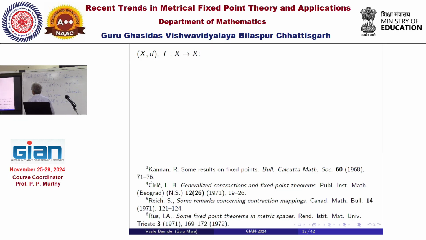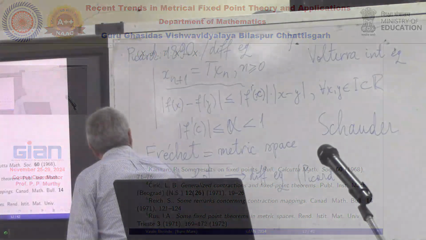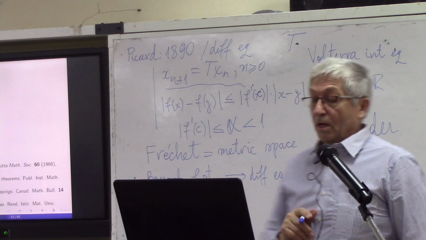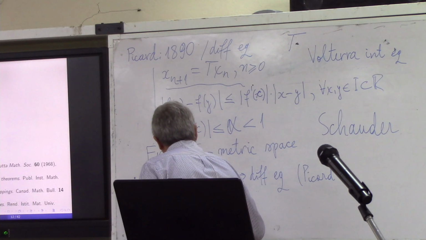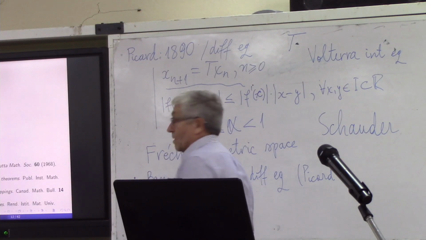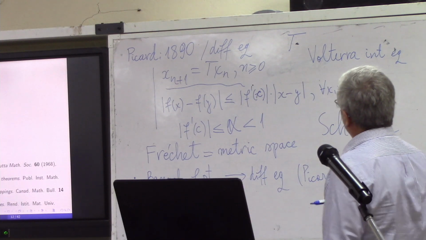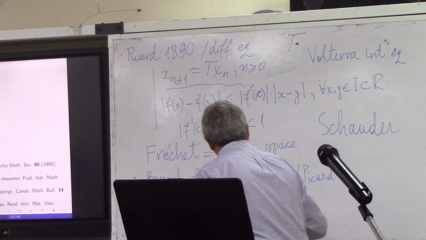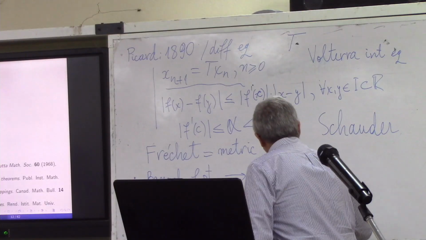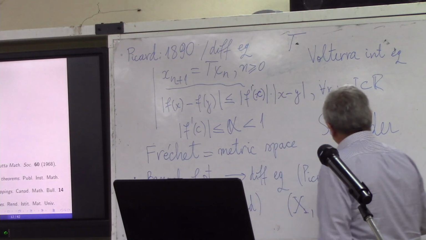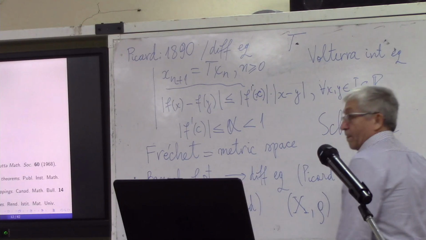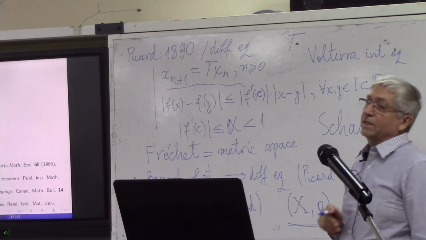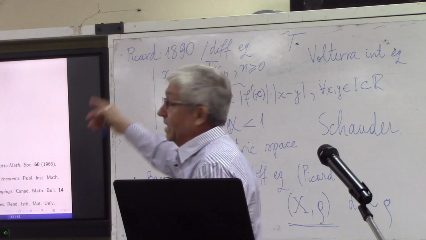But another Polish mathematician, I forgot, this Bielecki, if I'm not wrong, in 1959, showed that if we are in a metric space (X, d), we can construct a new metric, let's say rho, equivalent to d, and under this new setting, the Volterra integral operator is a contraction in the usual sense of Banach.